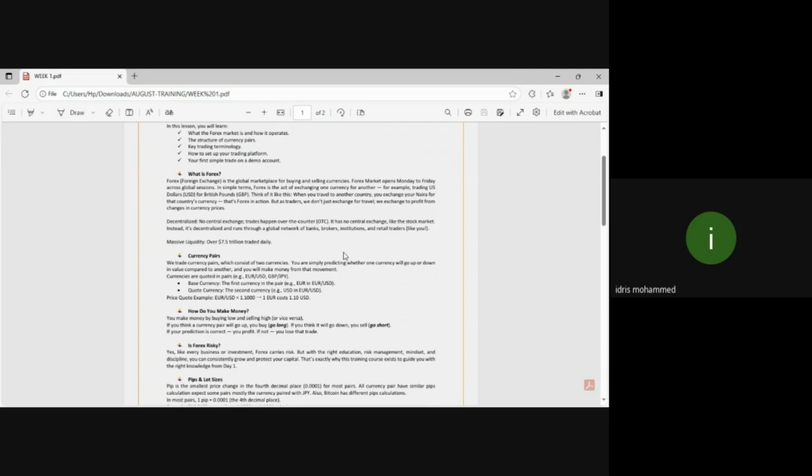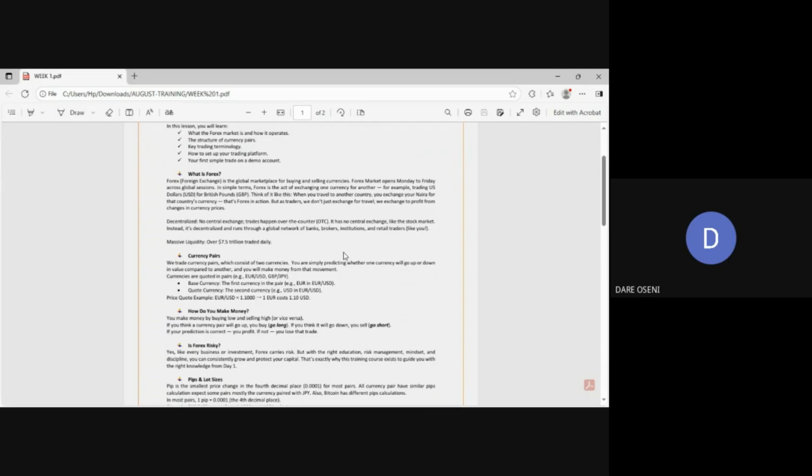Like if you have something like this, they say euro USD is equals to $1.1. It means that to get 1 euro, you would need to bring $1.10. That's the meaning. Okay. I just reduced that 0.000 to 1.10.